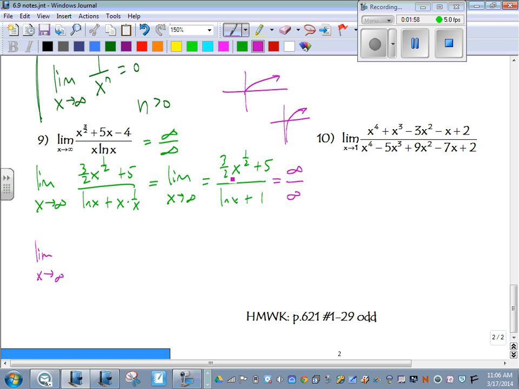So on top, if we take the derivative of this now, we get 3/4 x to the negative 1/2. Derivative of 5 is just 0. All over derivative of natural log of x is 1 over x.